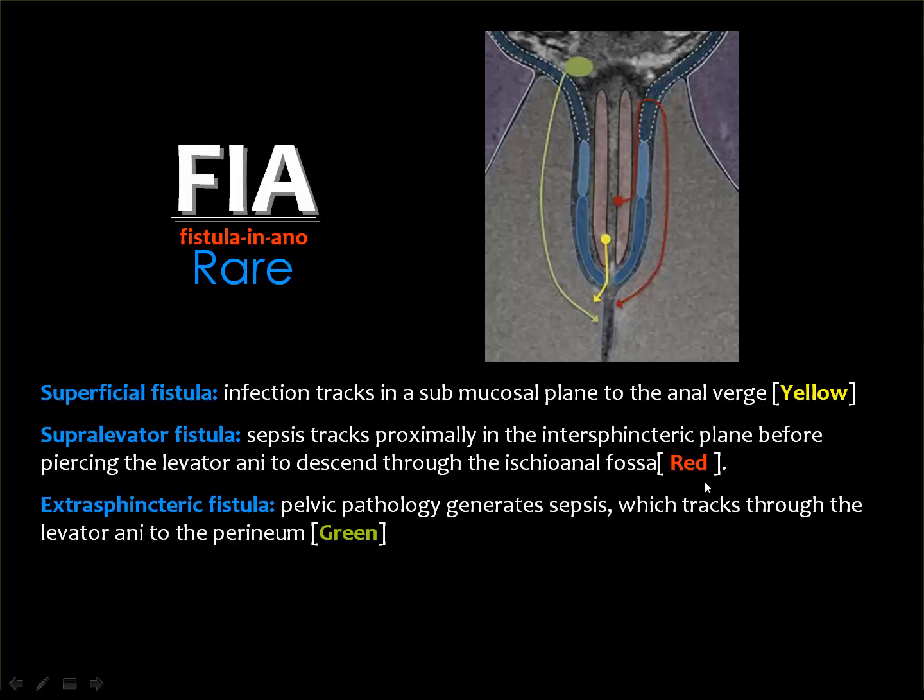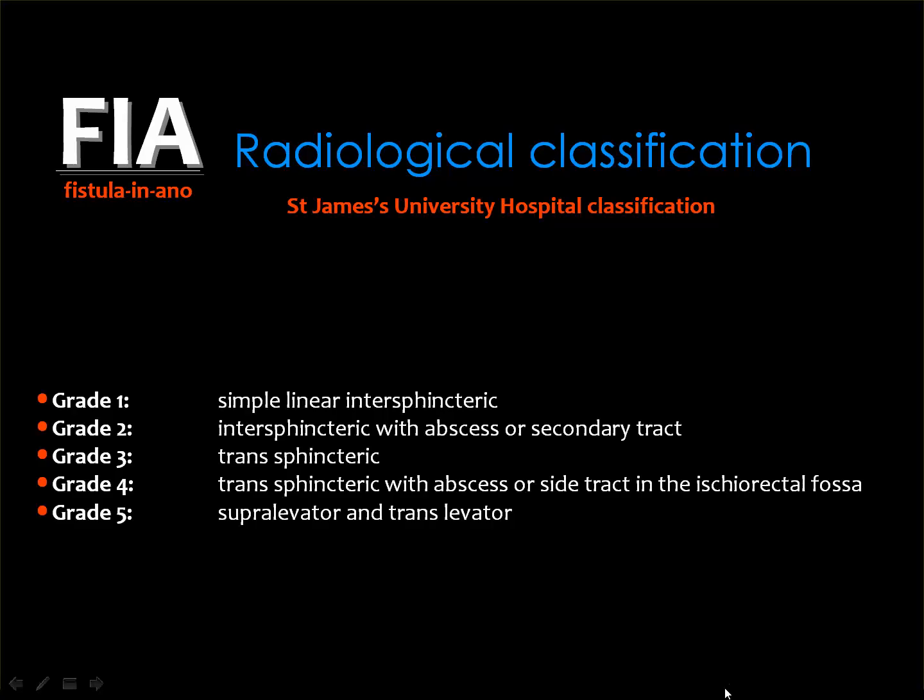The last one, which is an extrasphincteric fistula, where you have an opening in the skin around the anal opening, and the tract passes through the SQ anal fossa until it crosses the levator ani and connects to the rectum.